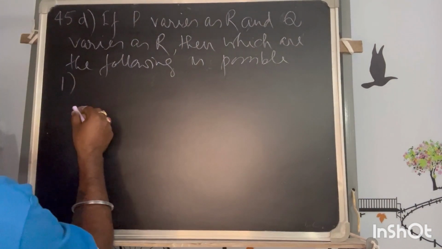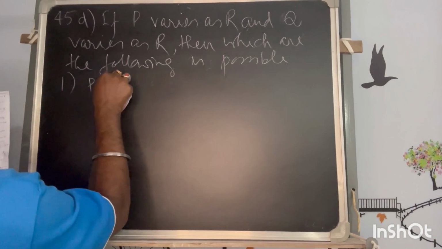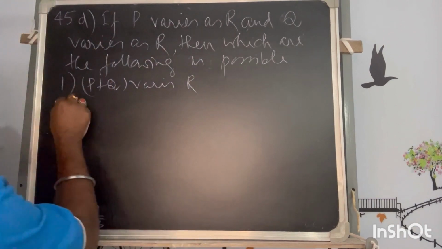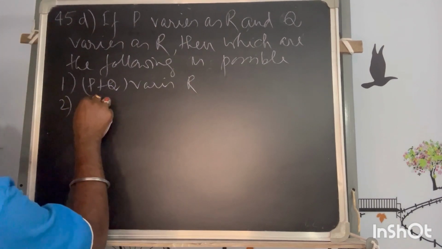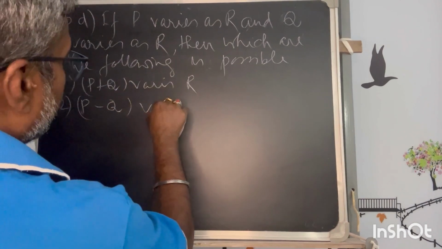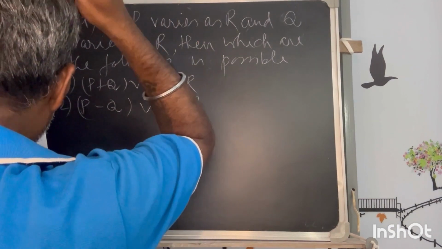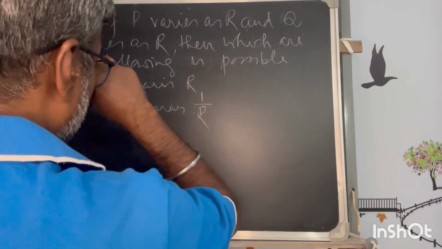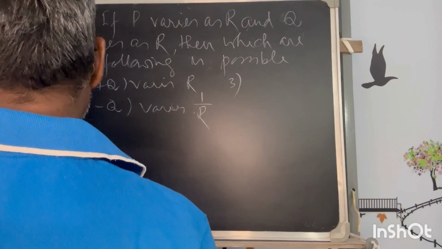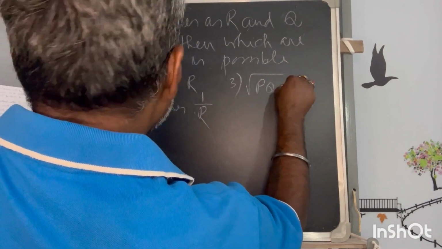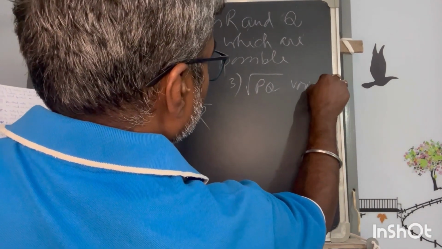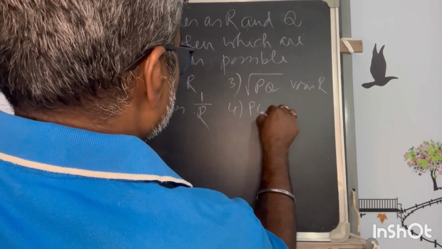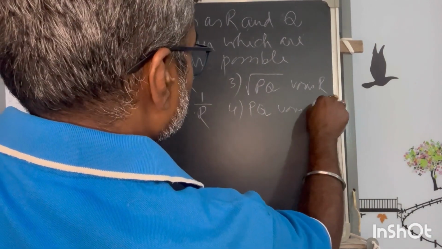The first condition says P plus Q varies as R, or P minus Q varies as 1 by R, the third is root PQ varies as R, and the fourth is PQ varies as R square.